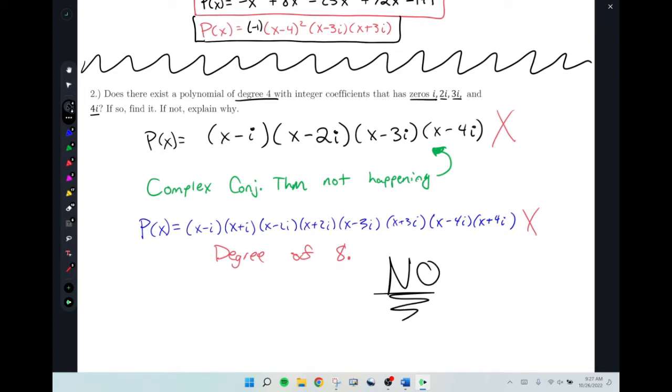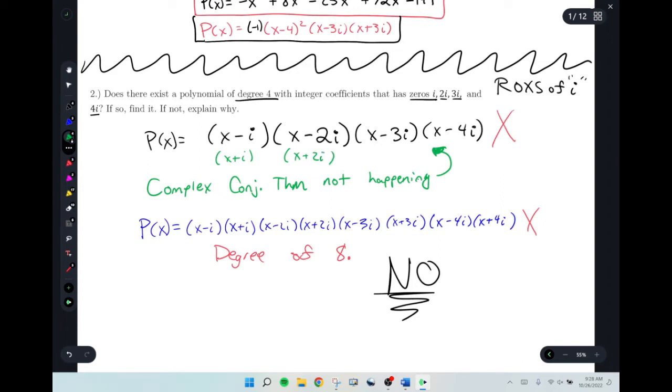If you ever have an i as a root, a root of any i form, doesn't matter what it is, 2 plus i, square root of 3i, any i, a root of i means it better have the opposite, the complex conjugate, which for this is x plus i, for this is x plus 2i. It's literally just the opposite sign, the same root.